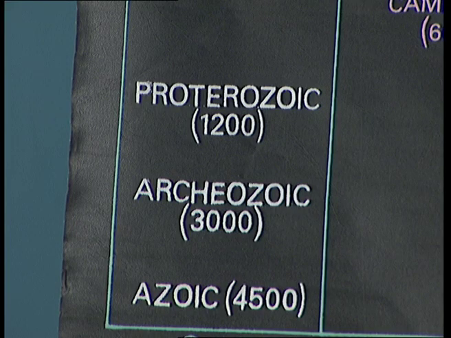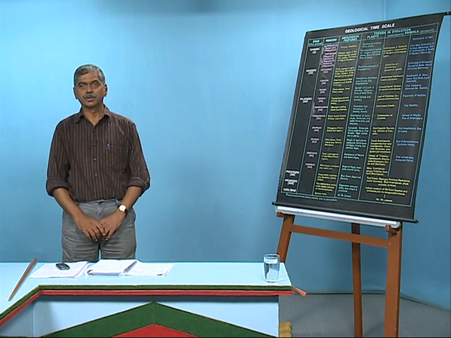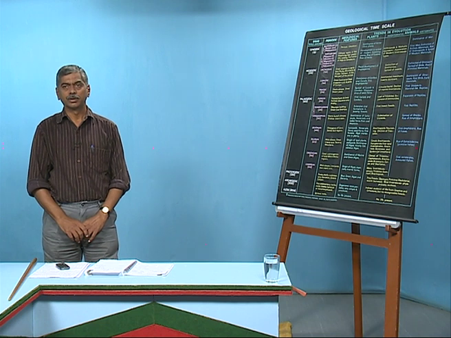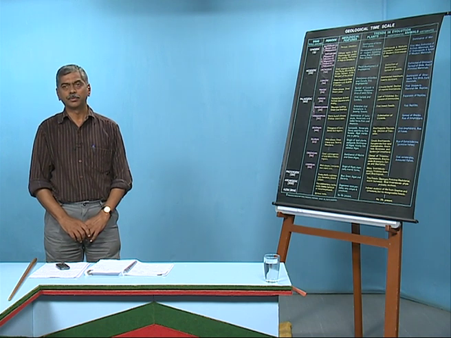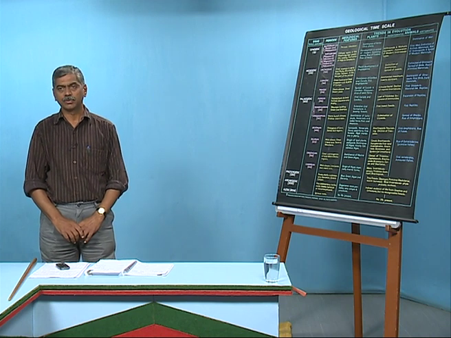And these eras are, the first one is the Azoic one. During Azoic, or which is otherwise called as Archean, there was no life at all, only igneous rocks were formed, and a few quantity of sedimentary rocks were also formed.